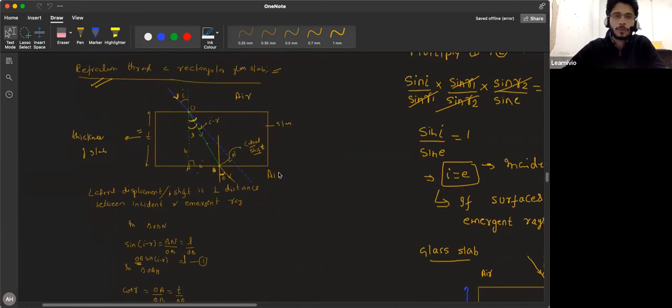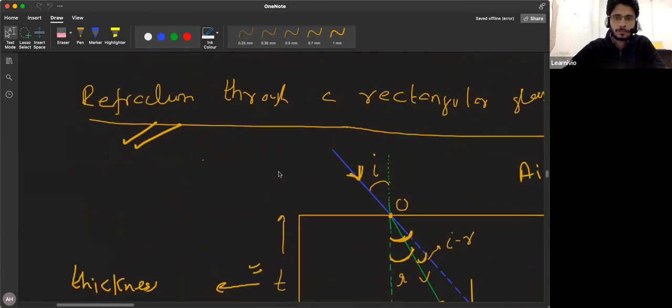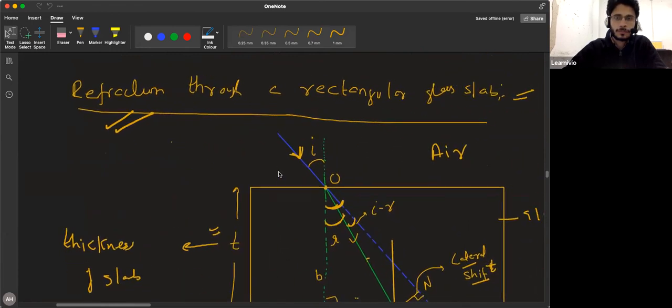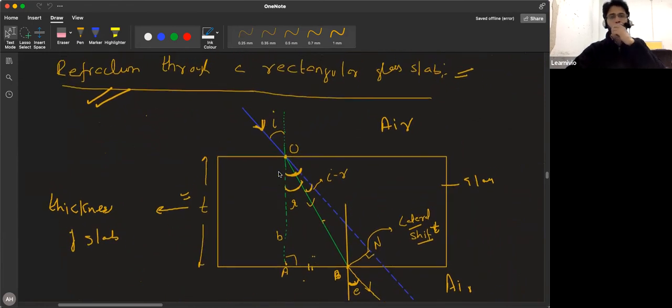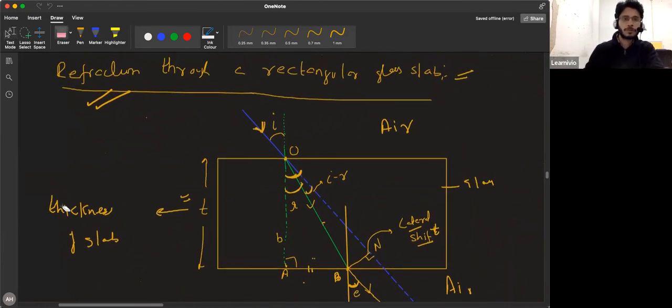So see what happens when you have a rectangular glass slab.